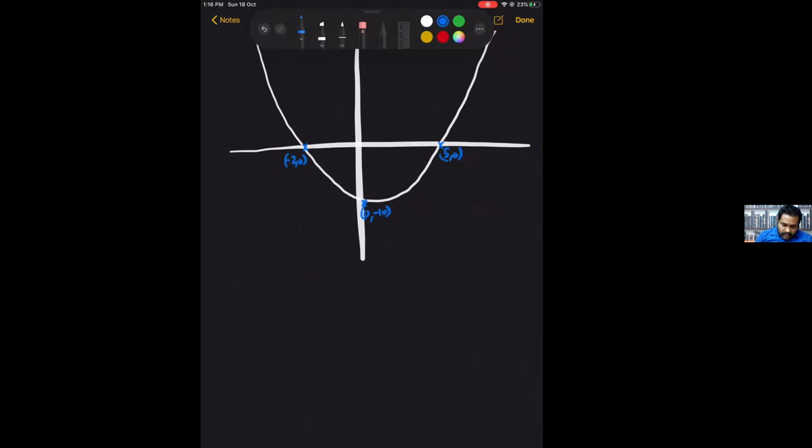So the idea is: reflect the part of the curve x greater than or equal to 0, that means the positive values of x, in the y-axis.